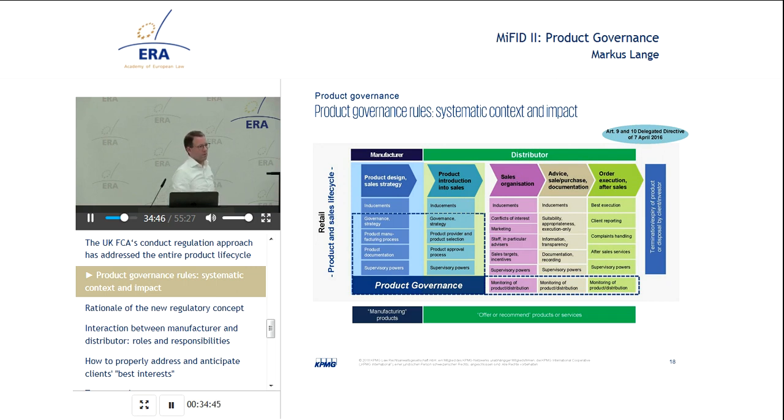And what are the obligations here? What do the addressees need to do? Just so that there is no doubt about it: what does a manufacturer do? Manufactures products, sure. And what does a distributor do? This is quite important to keep in mind. It is the intention to offer or recommend products or services. So the idea is generally that from the distributor side not only products are covered, but also services.